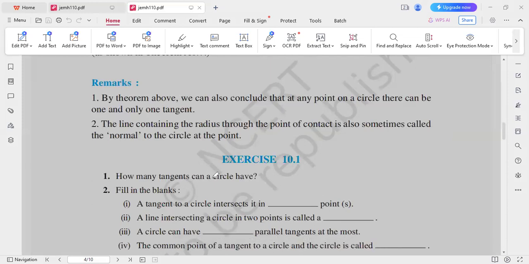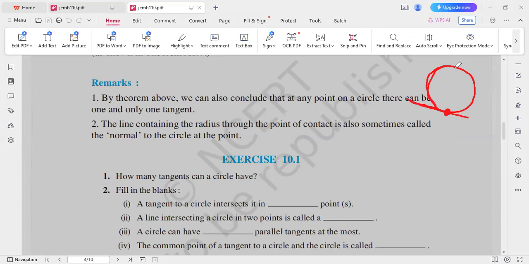By the theorem above, we can also conclude that at any point on a circle there can be one and only one tangent. Do you understand this? If you take any point on a circle, it is not possible to draw two tangents passing through this point.